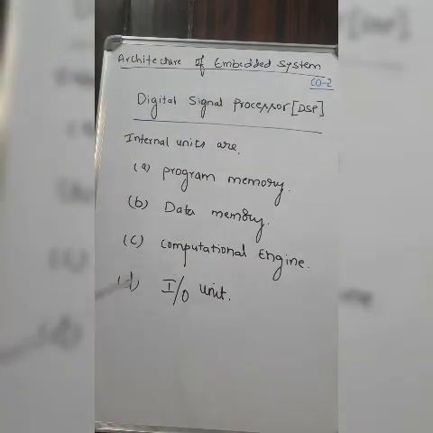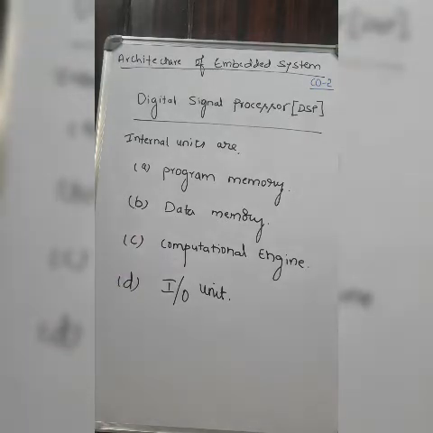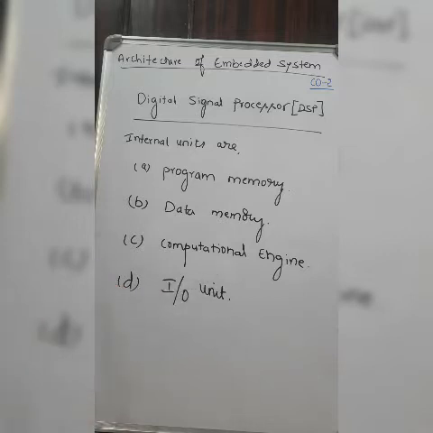This naturally consists of arithmetic unit, hardware shifters, etc. They will be there to assist the computations of the digital signal processor. Then coming to the I/O unit, this actually is an interface unit. This interfaces DSP with the external world so that it can capture signal inputs and deliver out the processed signals.